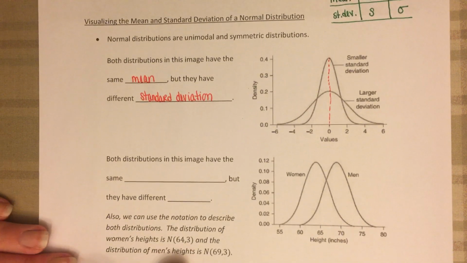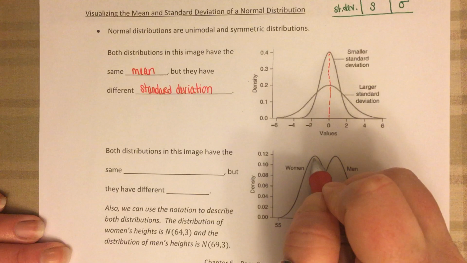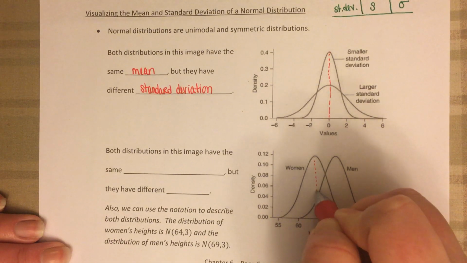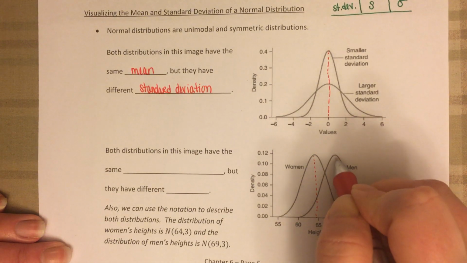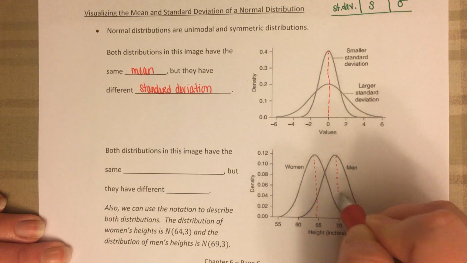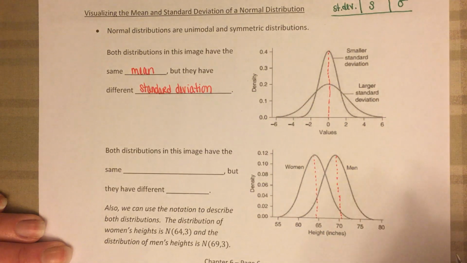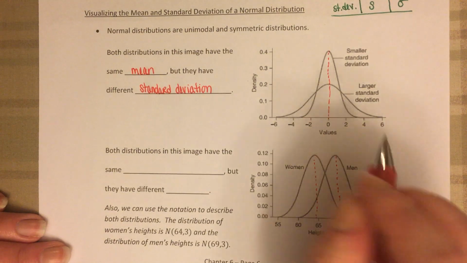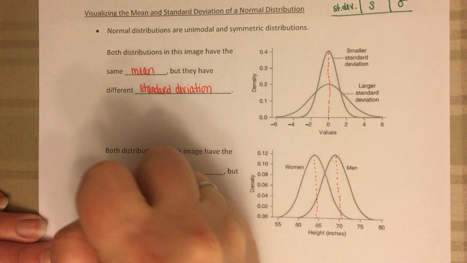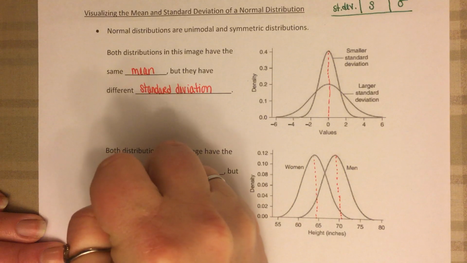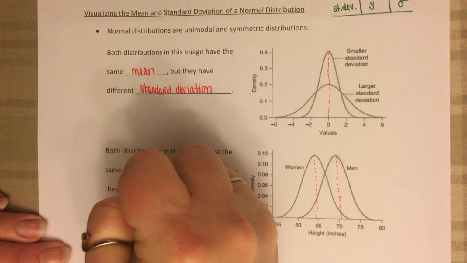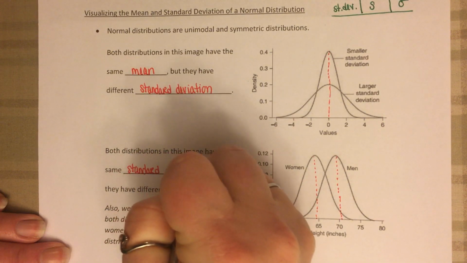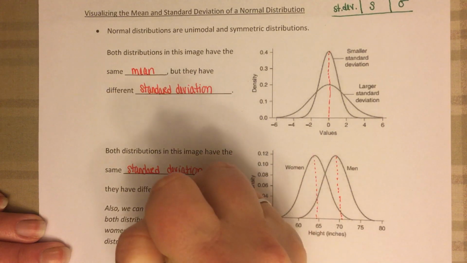Now if we look at this other image underneath, we have different centers for our different distributions, but they are the same height. So in this case, both distributions have the same standard deviation because they have the same height, but they have different means.